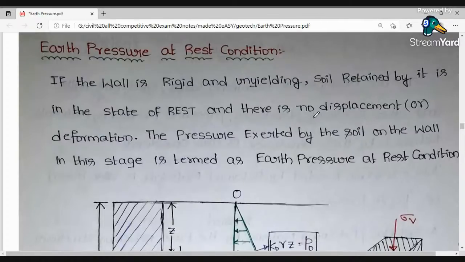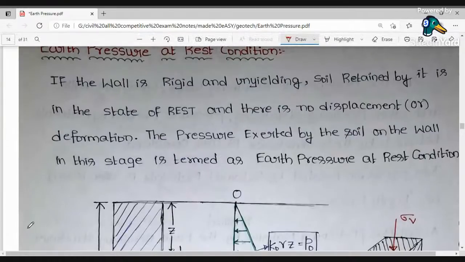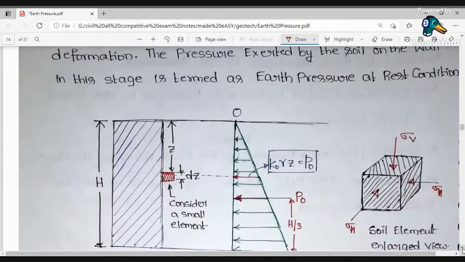No displacement means the wall doesn't move away from the backfill, or towards the backfill. It will remain stationary. The pressure exerted by the soil on the wall in this stage is termed as earth pressure at rest condition. So we have to know how to determine the stress at rest conditions.